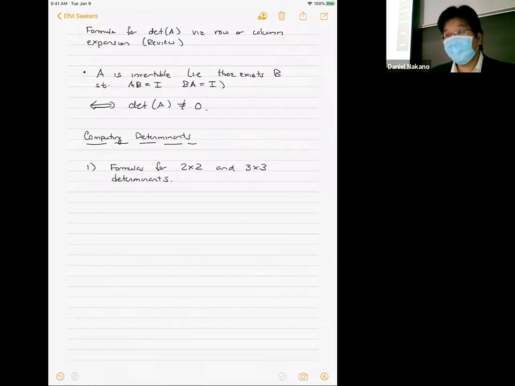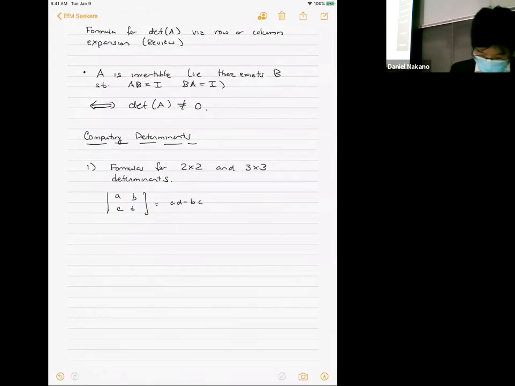I suggest that you know those formulas pretty well. It'll allow you to compute 2 by 2 and 3 by 3 determinants very quickly. If I take the determinant of a 2 by 2 matrix, this is ad minus bc. Now with the 3 by 3 matrix, you could go down the diagonals one way, and those give you positive entries, and then you can go down the diagonals in the opposite direction, they give you negative entries. So there's a formula involving 6 terms for a 3 by 3 matrix. So you should know those.